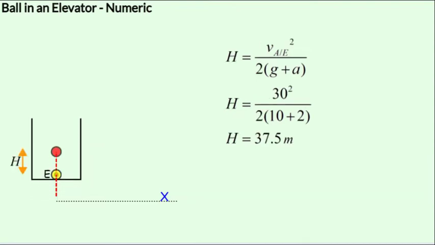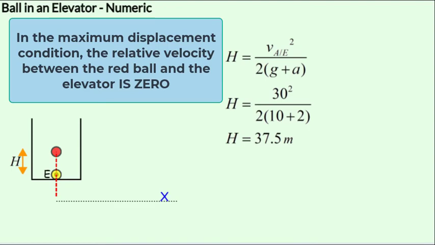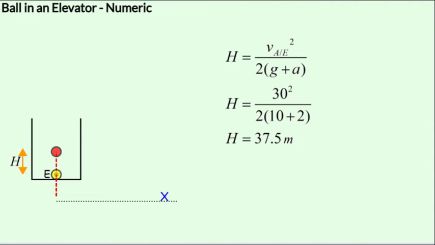In case you don't remember this formula, in order to derive it, you have to understand that in the maximum displacement condition, the velocities of the red ball and the elevator are identical, so their relative velocity at that instant is 0, and we make this substitution into the third equation of motion. The formula for the maximum displacement is V_A/E squared over 2 times (g plus a).